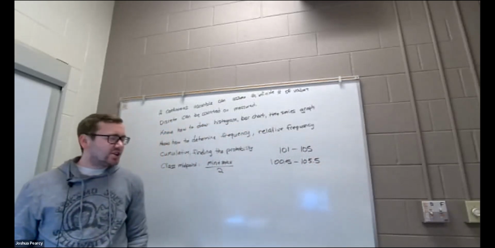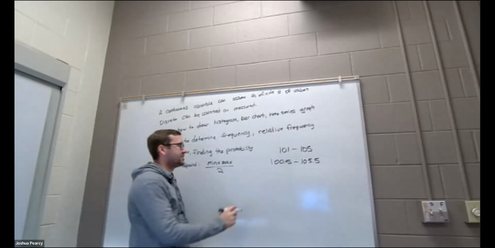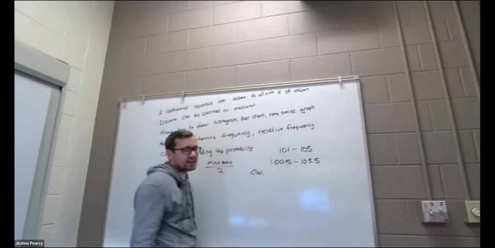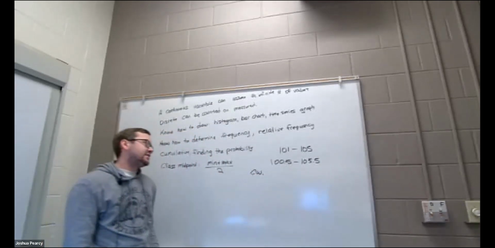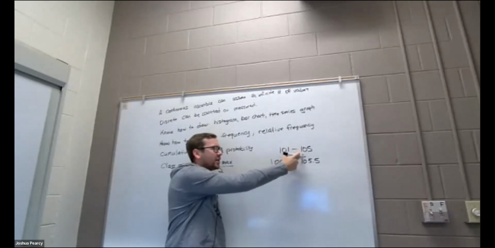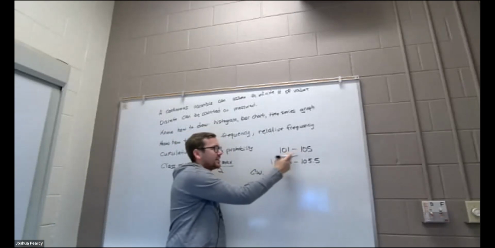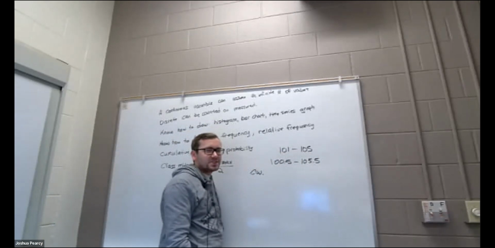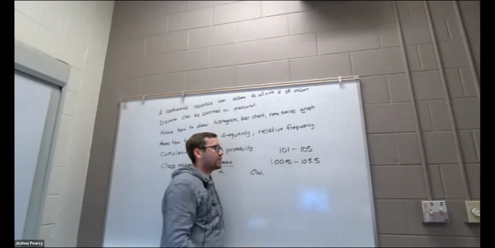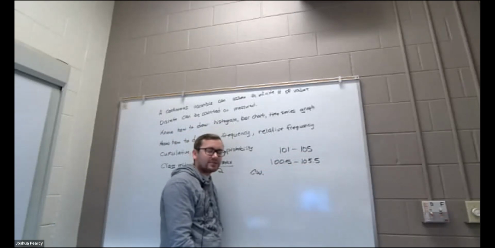So then from there, you should also be able to tell what the class width is. So CW is the class width. So if you do the subtraction of this upper limit minus the lower limit, that is 105 minus 101, which is 4. And if you do 105.5 minus 100.5, the difference is 5.